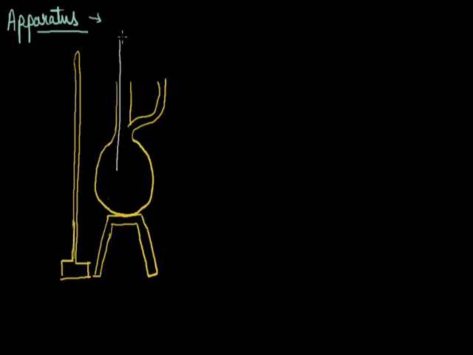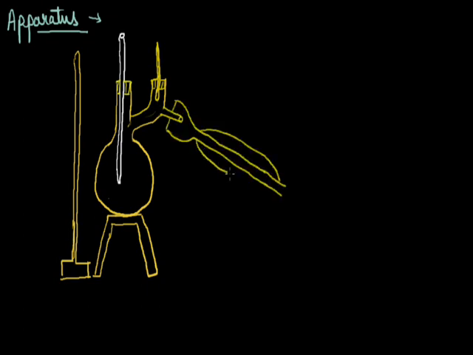This is the capillary that regulates the airflow. Here a thermometer is introduced, and from here it is connected to a condenser.